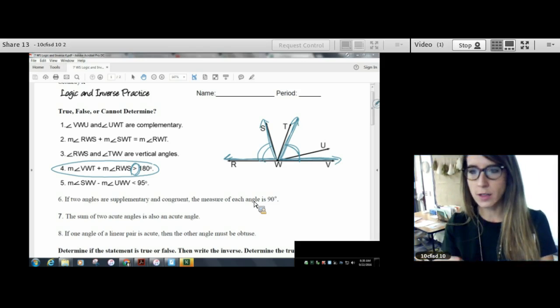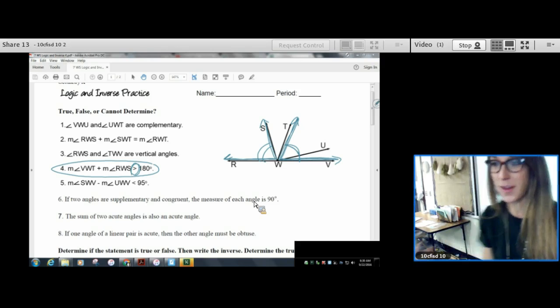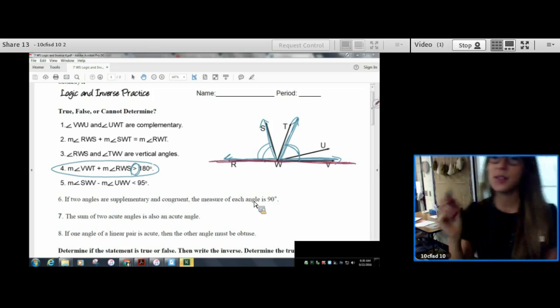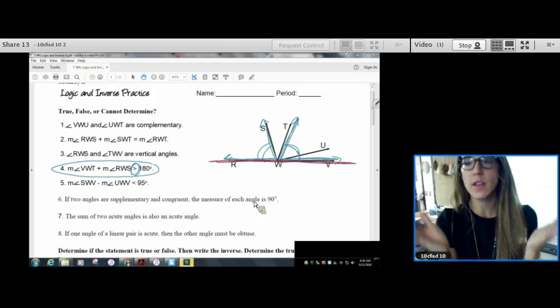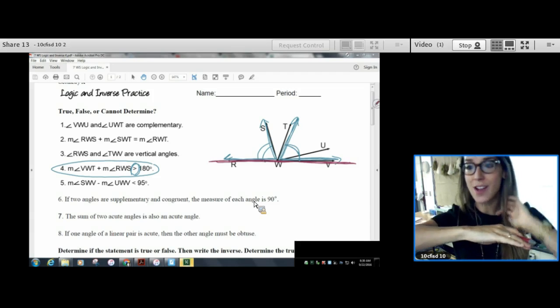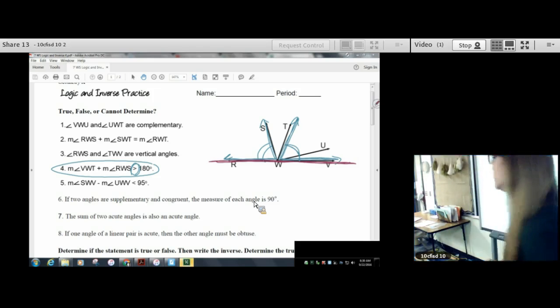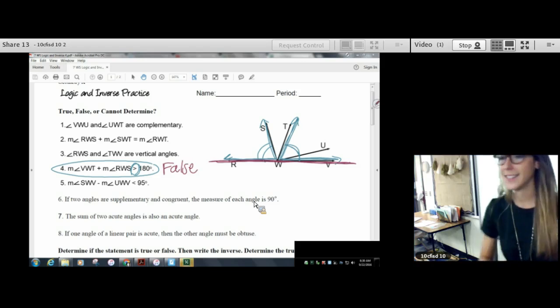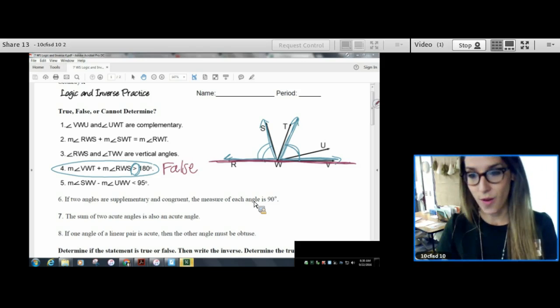True, false, or cannot determine? Well, I can determine because this is 180 right here. There is no way I can add those angles together and get more than 180 because I'm locked in. I have that constraint of that straight angle, RWV. So this one is not true, and it's not cannot determine. That one is false. Okay?